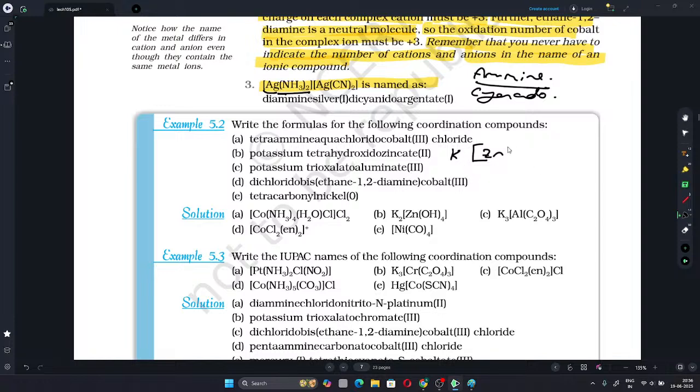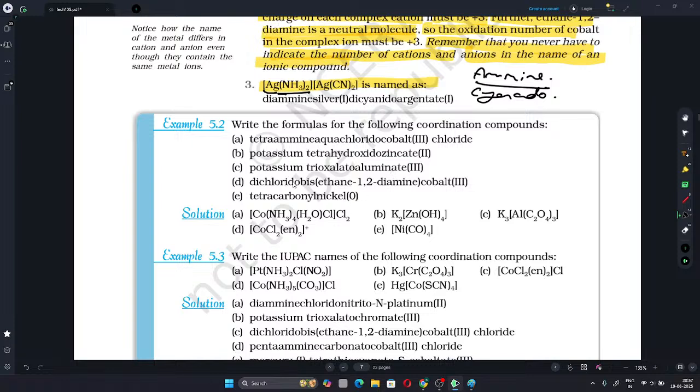Tetrahydroxido zinc. Basically this must be the formula, but here they give K2. Yes, with potassium having a +2 charge, the complex has a -2 charge, an anionic complex. And because it's an anionic complex, we write zinc as zincate.